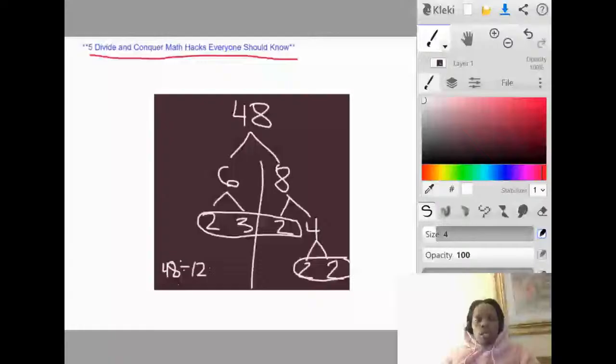You divide by 12, it equals the remaining factors, which is 2 times 2 or 4. So without even realizing it, once you break it down once, you can tell just from the factors what the quotient is. The quotient is the product of the remaining factors.